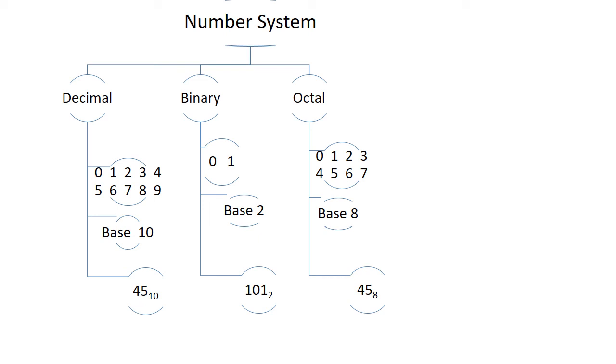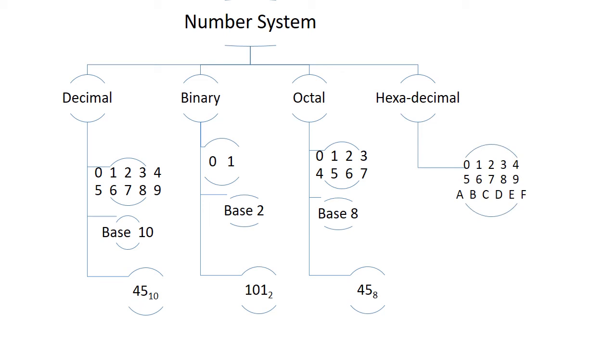Now, the hexadecimal system consists of 16 digits starting from 0 to 9. As in decimal you have 0 to 9, similarly in hexadecimal you have 0 to 9. After 9 it goes with the symbols A, B, C, D, E, F. A is equivalent to 10 of decimal, B is equivalent to 11, C is equivalent to 12, D is equivalent to 13, E is equivalent to 14, and F is equivalent to 15 of decimal.